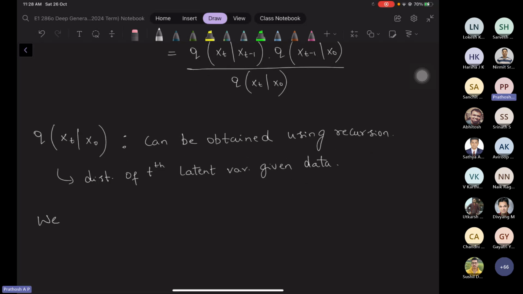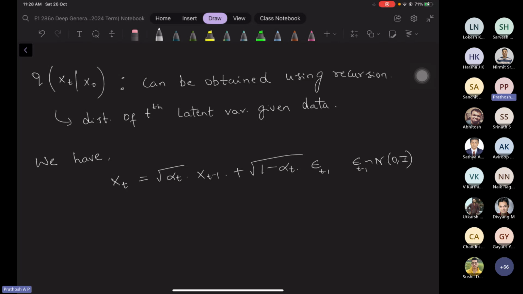So we have xt equal to root of alpha t times xt minus 1, plus root of 1 minus alpha t times some epsilon, where epsilon comes from normal 0, 1. Let me call this epsilon t minus 1. This is simply a sample from normal 0, 1. There is nothing sacrosanct about t minus 1, but let me write it that way just to differentiate it.